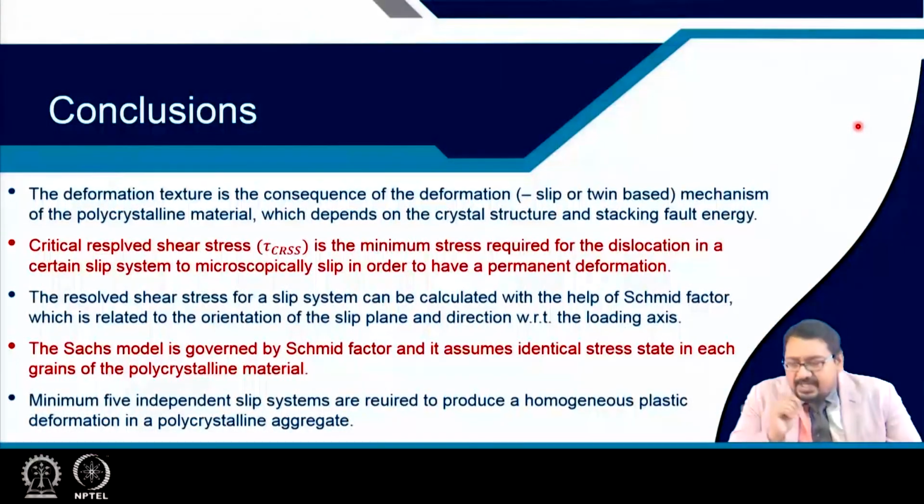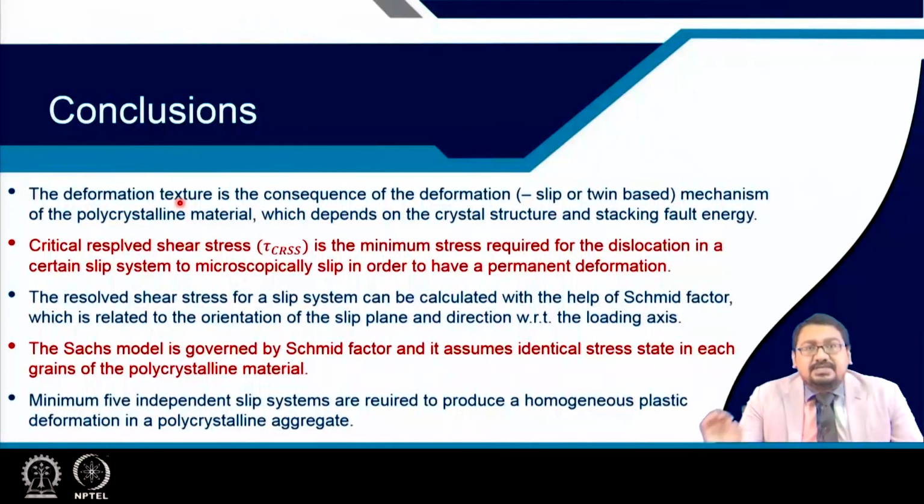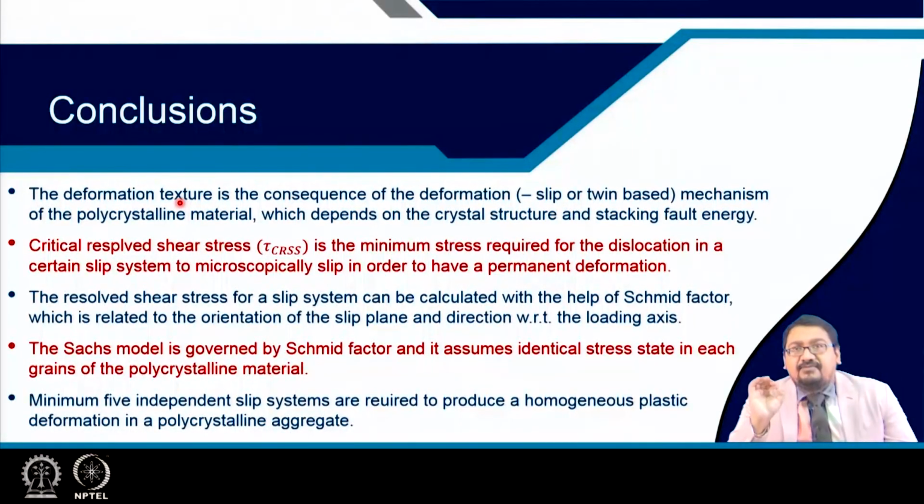So, we can conclude here that the deformation texture is a consequence of the deformation mechanism, which could be slip type, twin type, or a combination of these, and it depends upon the stacking fault energy of the material, and it also depends upon the crystal structure. So, this decides what deformation texture will evolve.